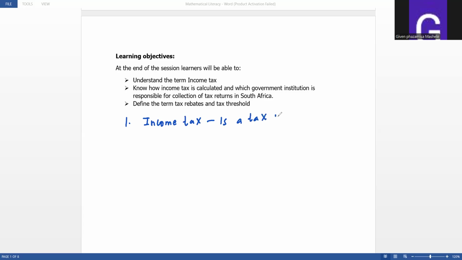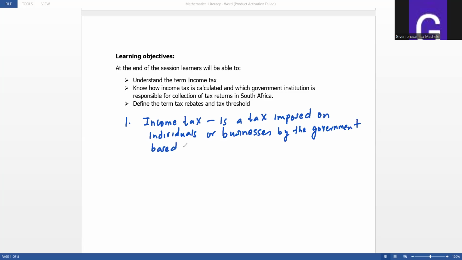imposed on individuals or businesses, which you call the entities or the businesses, by the government based on their taxable income.